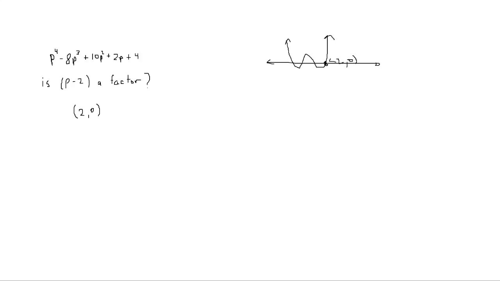So let's take a look. Let's plug 2 in. We'll put 2 in the box here. And then I'm going to put 1, negative 8, 10, 2, and 4.